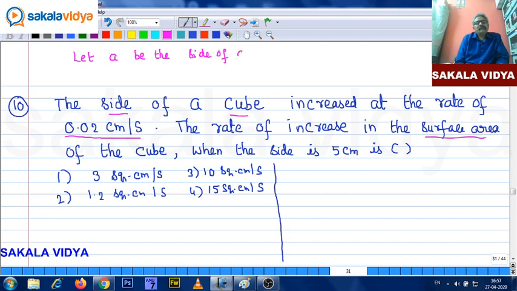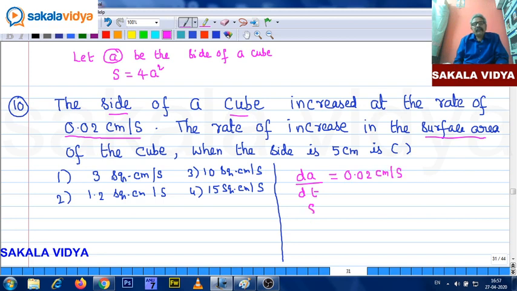Surface area means actually here 4a square, this is the formula. What is given here? The rate of change of side given, that means da by dt equals 0.02 centimeter per second.